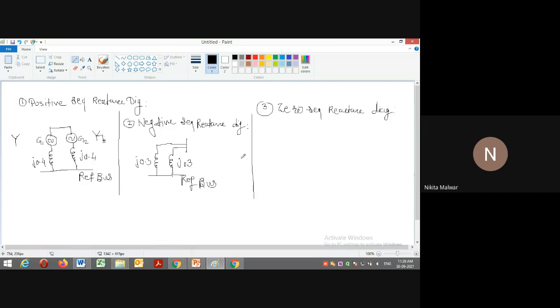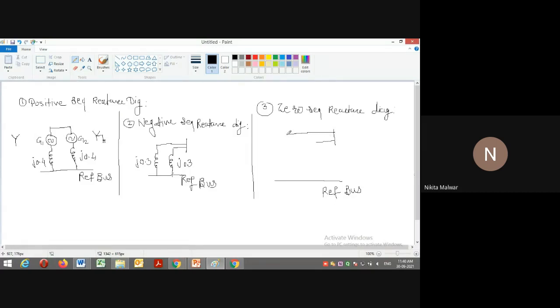So we will try to draw it. This is your reference bus, and this is your bus number 1, from which we have connected generator 1 and generator 2. Let us project a line for generator 1 impedance connected and generator 2.